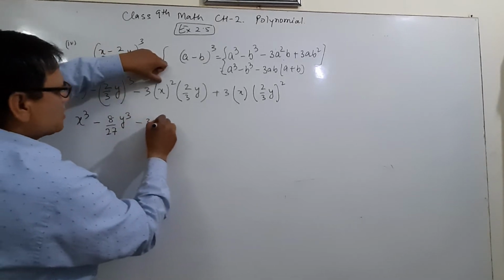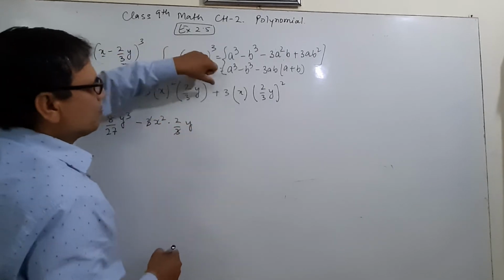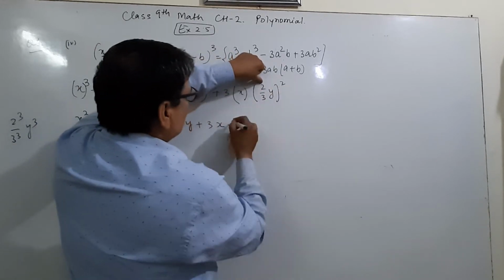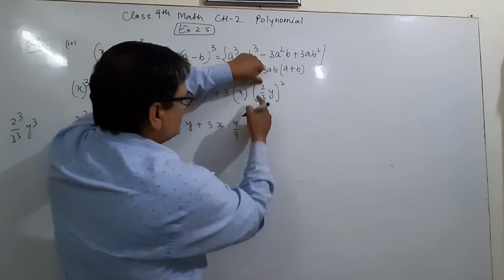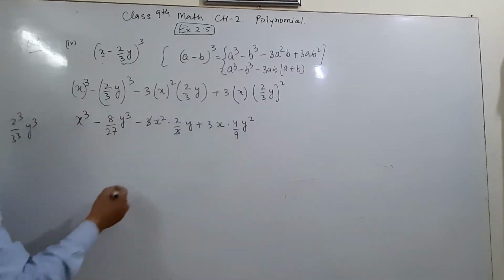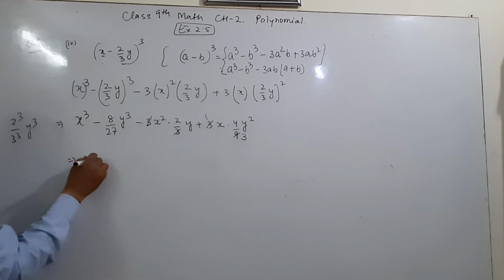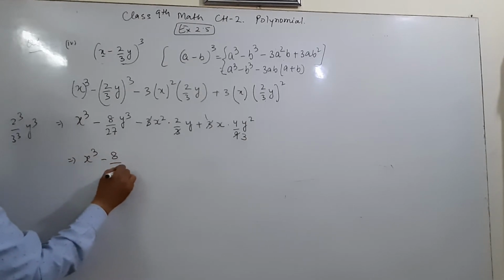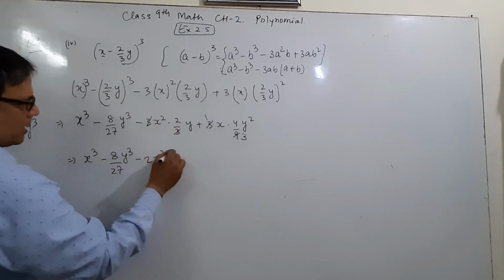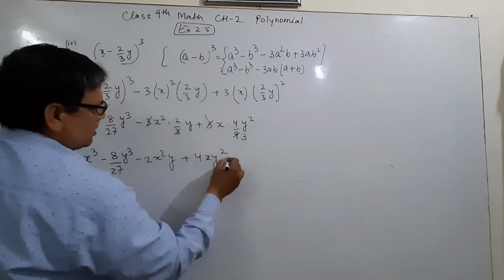Minus 3, here is x square, here is 2 upon 3y, this 3 will cut. Plus 3x into square of 2 is 4, square of 3 is 9, and here is y square. 3 and 3 cut, and now the right answer: x cube minus 8 upon 27 y cube minus 2 x square y plus 4 x y square upon 3.